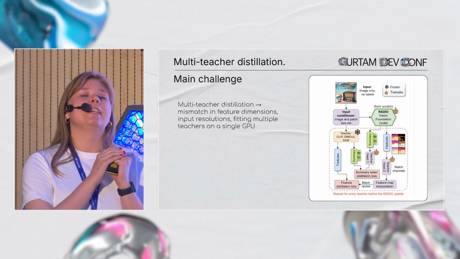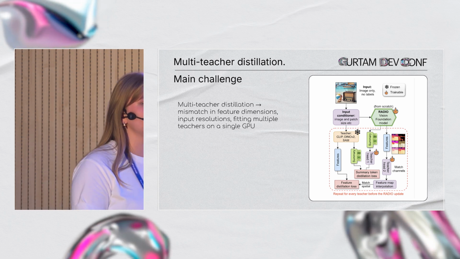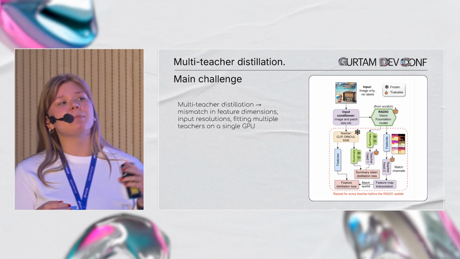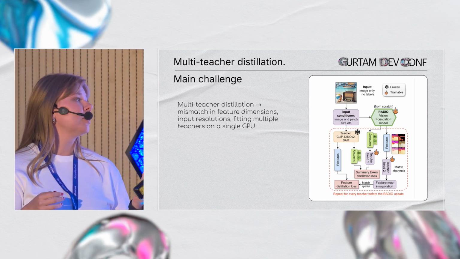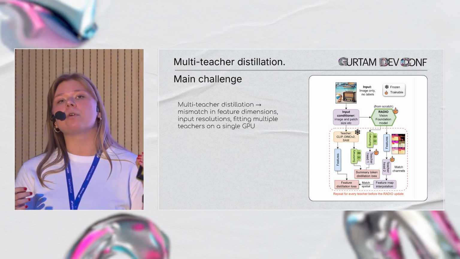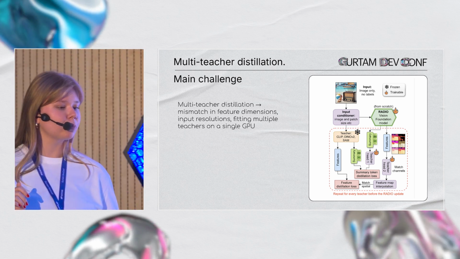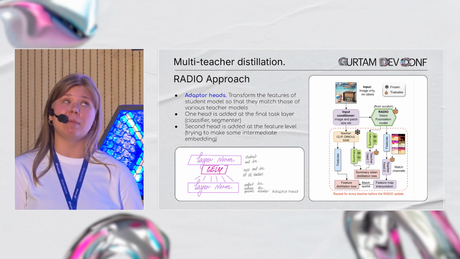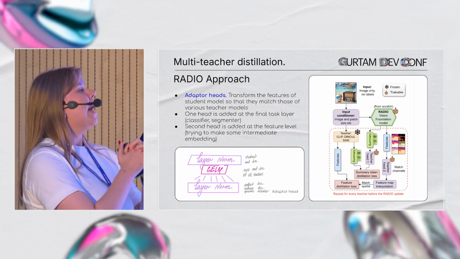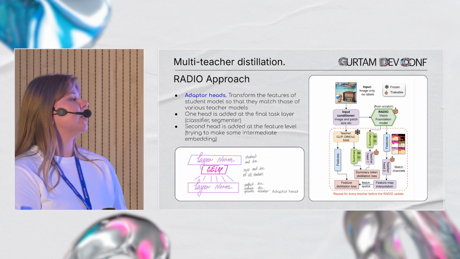So what challenges did they face? Of course, there is a mismatch in input resolutions across the teachers. There is a mismatch of output feature dimensions across the teachers. And also there is a problem of fitting all teachers into a single GPU. And we will start with the mismatch in resolution and dimension problem. And they introduced adapter heads and integrated them into their pipeline.